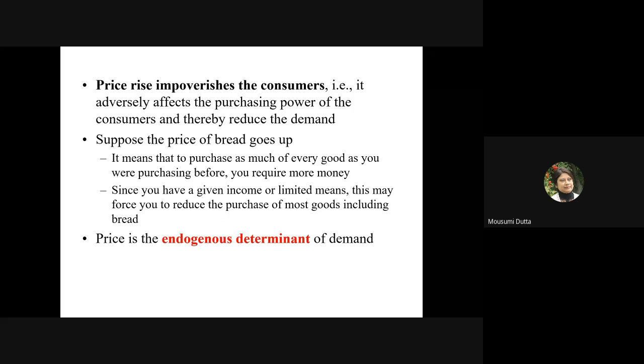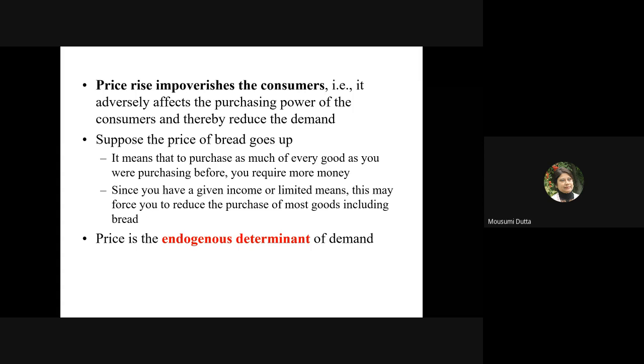Now the logic, why we are considering this feature. When price increases, quantity demanded will fall. When price decreases, quantity demanded will go up. Why this feature? Price rise impoverishes the consumers, that is, it adversely affects the purchasing power of consumers and thereby reduces the demand.